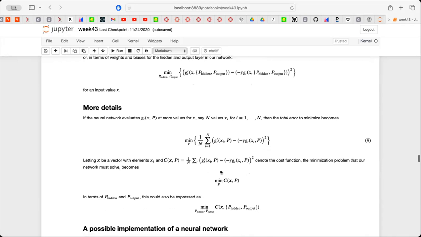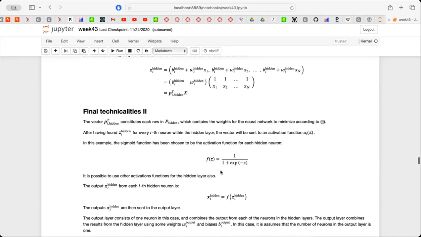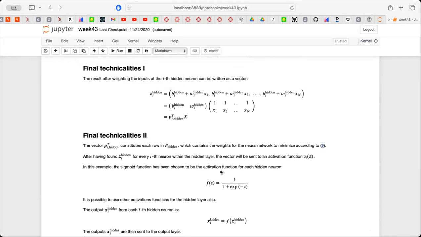So when we do this, this is essentially what we end up doing. We are going to skip these technicalities here because this is essentially us setting up a neural network as before, with the number of hidden variables, the hidden biases, the hidden weights, multiplied with the inputs, which is a vector now which contains the different input variables from x0 to xn.